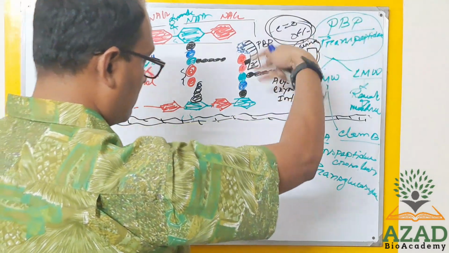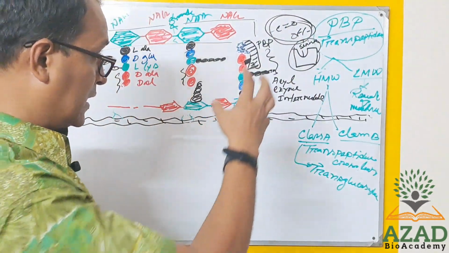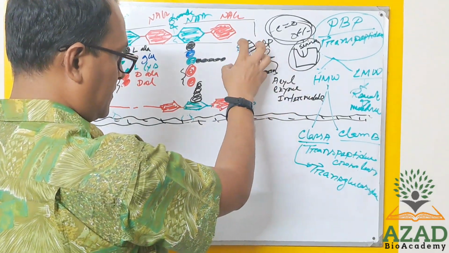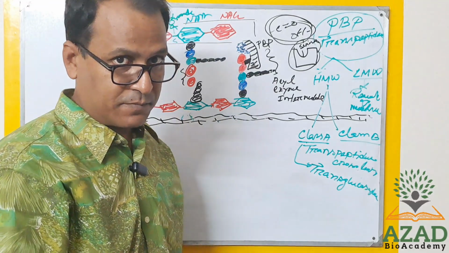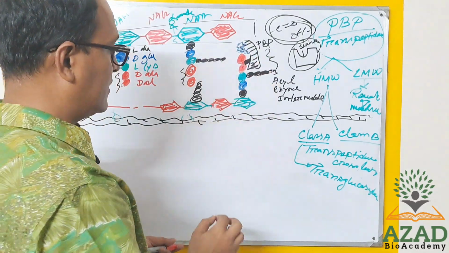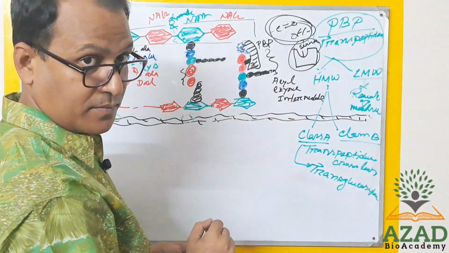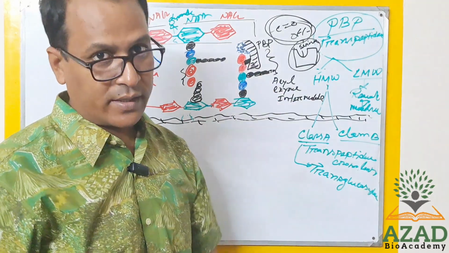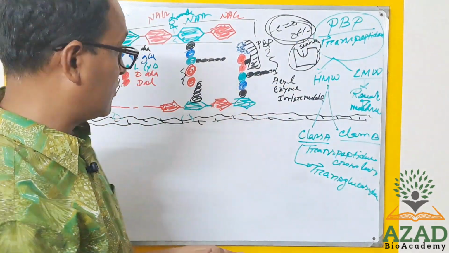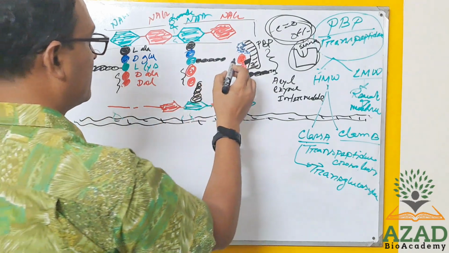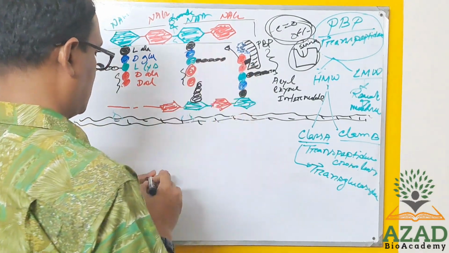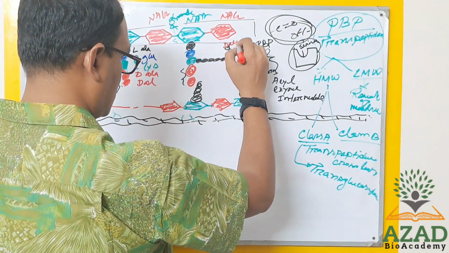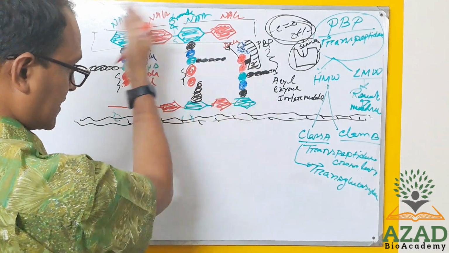That means combinedly it is working as transpeptidase. So after binding with the D-alanine dipeptide and forming the acyl bond, the low molecular weight penicillin binding protein will cleave that fifth D-alanine. It will cut it off.